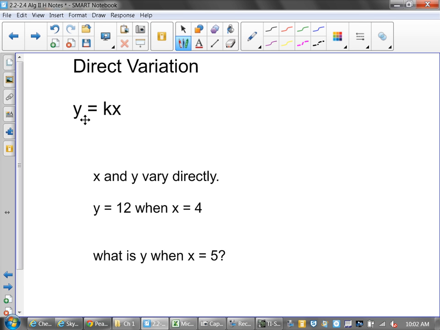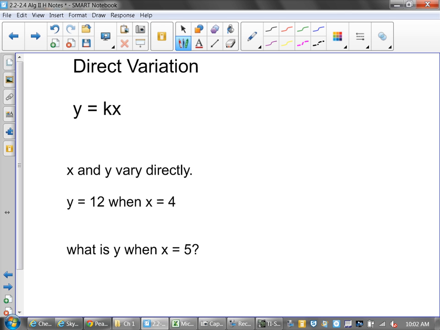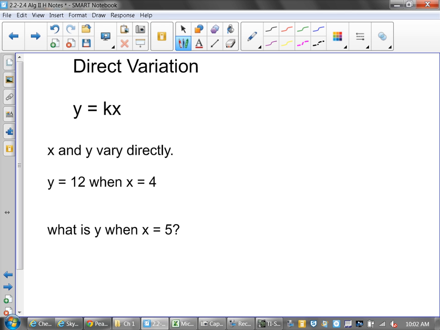Now, the direct variation problem always has this equation: y equals k times x. I'm giving you a y and an x. What do you think you have to solve for? So I'm trying to solve y equals k times x. Well, y is 12, x is 4.